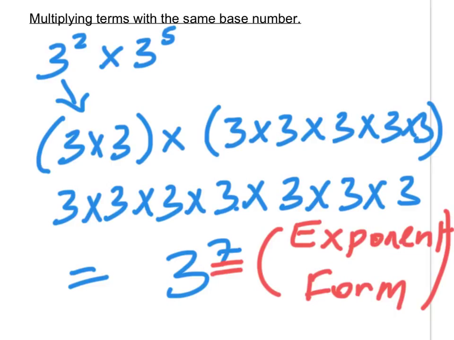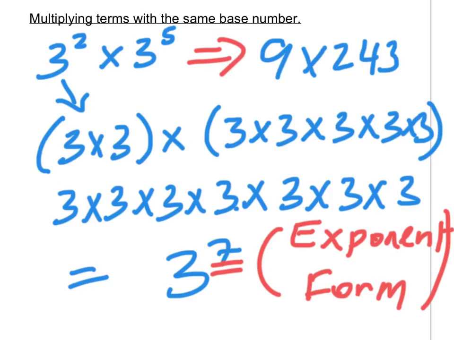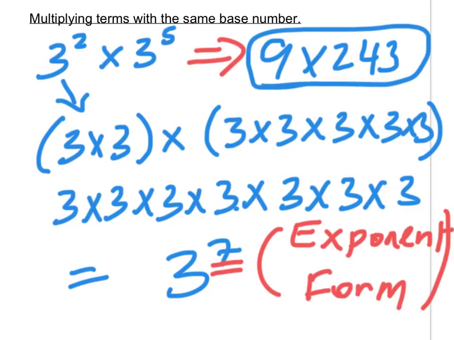If I ask you to evaluate this, 3 squared is 9, 3 to the power of 5 is 243, multiply them and you get 2,187 or something. That would be evaluating. But what I've done here is write it in exponent form. Now this only works with numbers which have the same base.